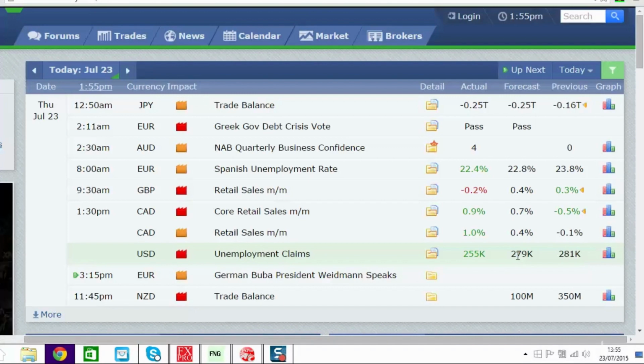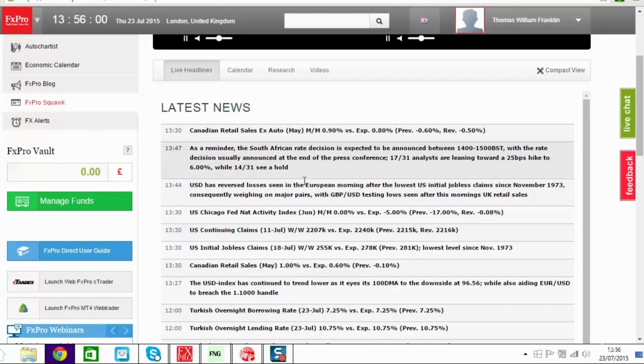Now, we obviously want to see that figure come in lower because fewer people claiming benefits means more people in work. So we wanted a lower figure to be better for the dollar, and it absolutely smashed it. It came in at 255,000 people, so much, much lower, and I believe the lowest since 1970 something.